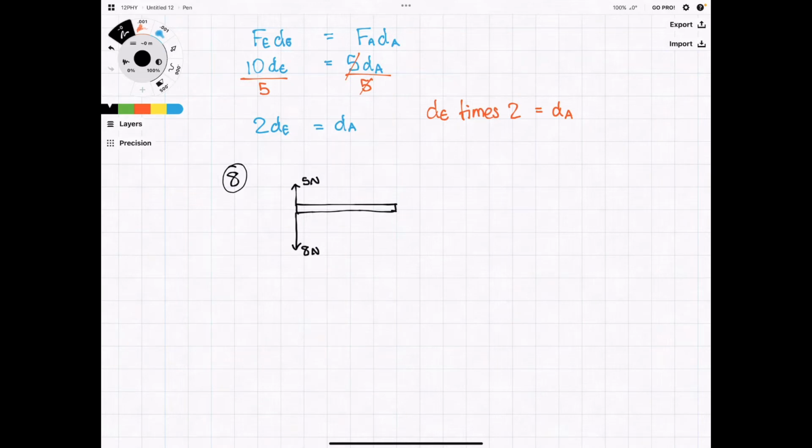On the opposite side, we have a 5 Newton force down. And then somewhere in here, we have a 7 Newton force up, make it slightly longer, there we go.